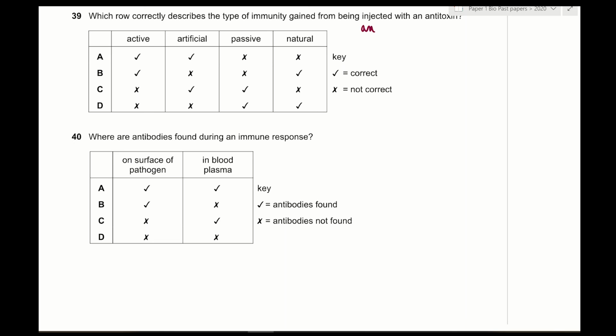Be careful, antibodies, not antigens. Antibodies do not stimulate an immune response or the production of memory cells. Now, because it's injected with antibodies, this means that it is not active, it's passive, and it's artificial because it's being injected. It's not breastfeeding, and it's passive, and it's not natural. So C is going to be the correct answer.